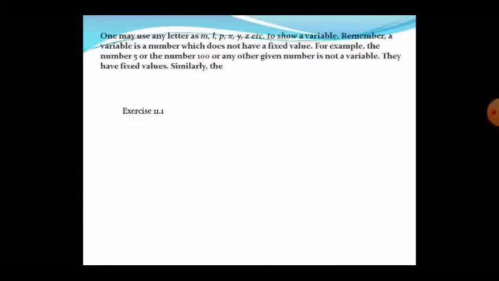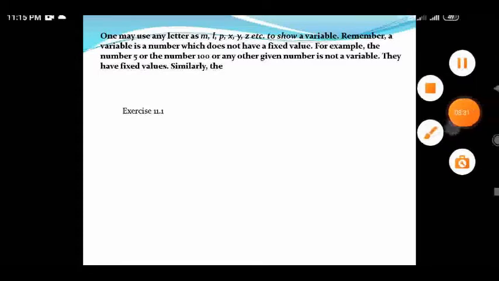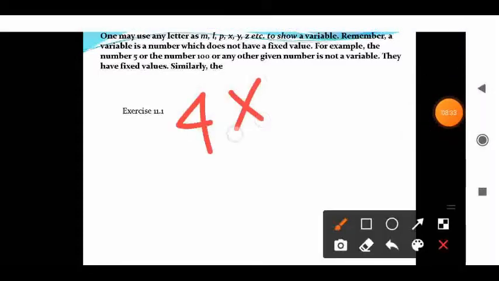One may use any letter. You can use not only n, you can use any alphabet. You can use A, B, M, L, P, X, Y, Z, etc. Any alphabet you can use. To show a variable, before the rule you wrote 4 into n.